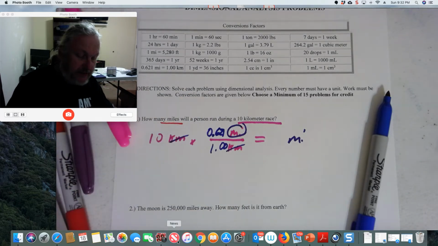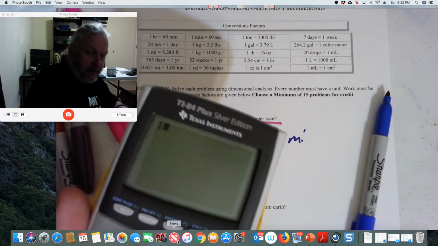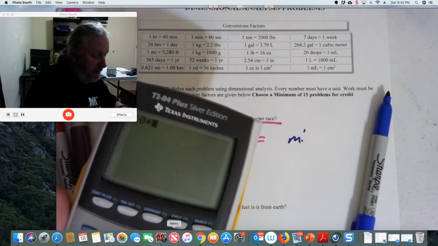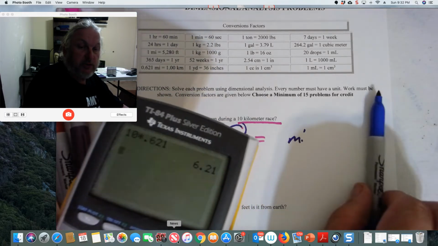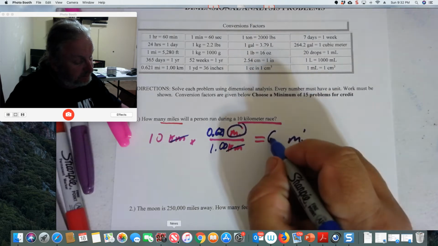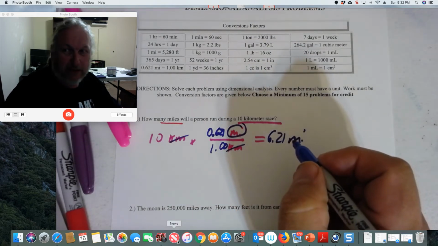So if I take 10, I get my infallible calculator here, right? 10 times 0.621, I'll get 6.21 miles. Guess what? That's right.